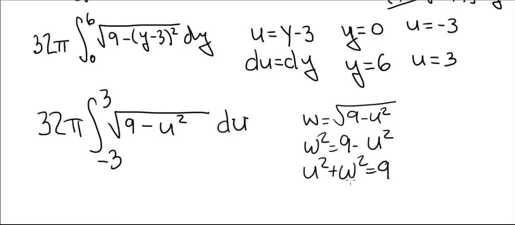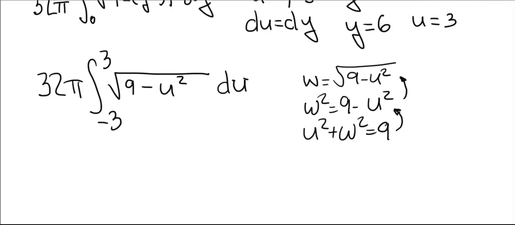This is a circle in the uw plane with center at the origin and radius 3. And if we go backwards to the function we're integrating, it is the upper semicircle in the uw plane.